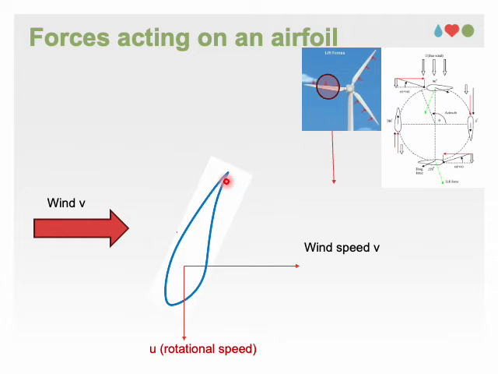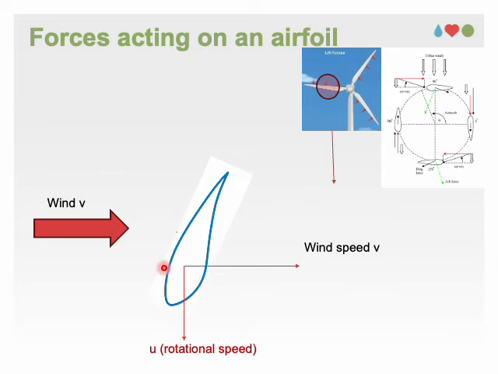We have two speeds involved here: wind speed and rotational speed of blades. In short, rotational speed at this phase of rotation is downward, and we need to first combine these speeds to find the wind that this airfoil experiences as it moves through the surrounding air.